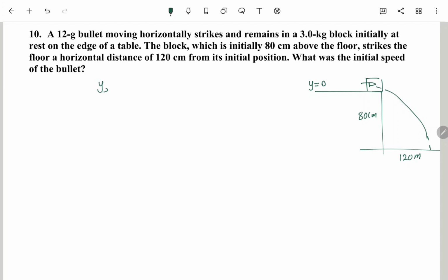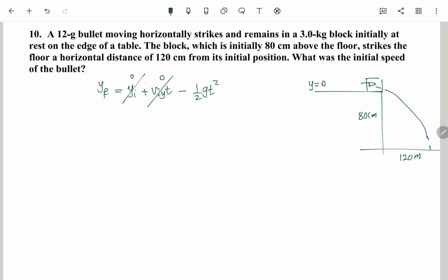y final equals y initial plus the initial y velocity times t minus half g t squared. y initial is 0 and the initial velocity is actually 0 as well.